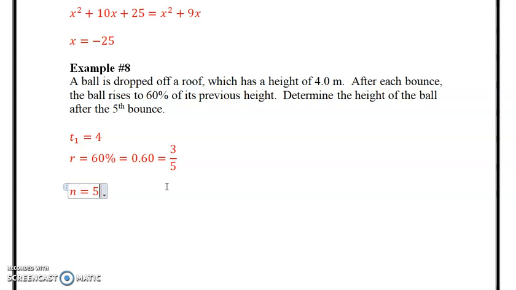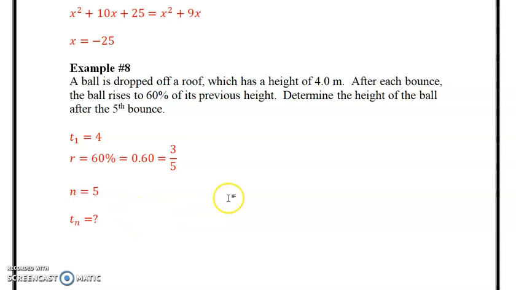Because one bounce, so you're dropping it from 4, one bounce, and so on. All right? And Tn is what we're looking for. Oh, sorry about that. Tn is what's in question.